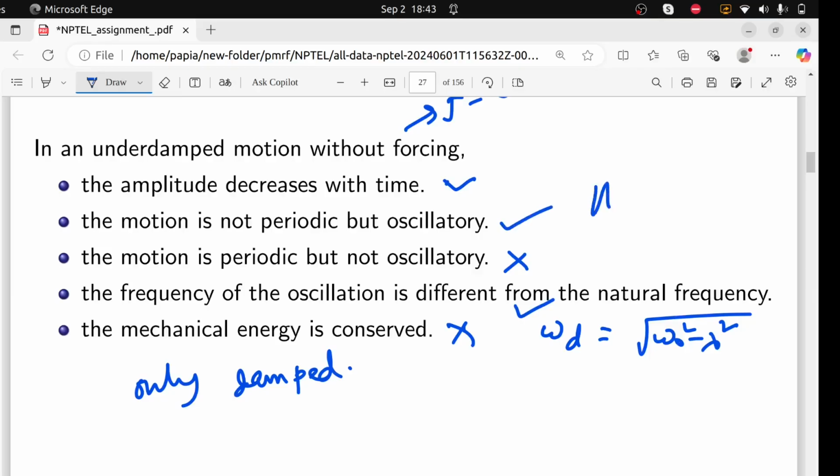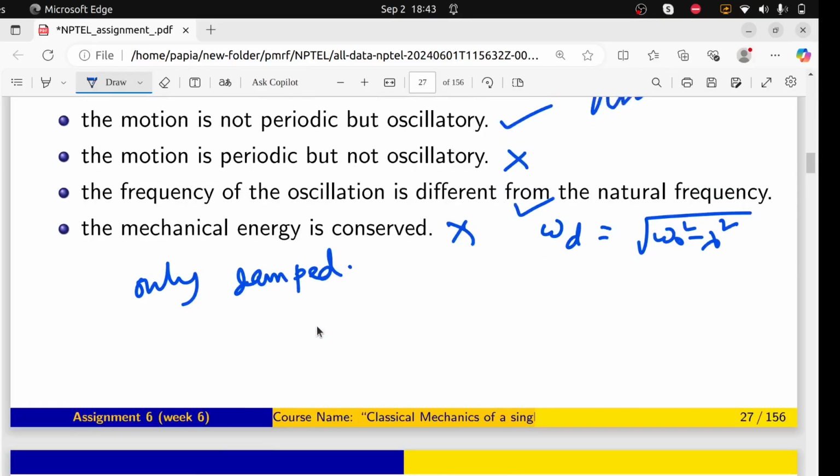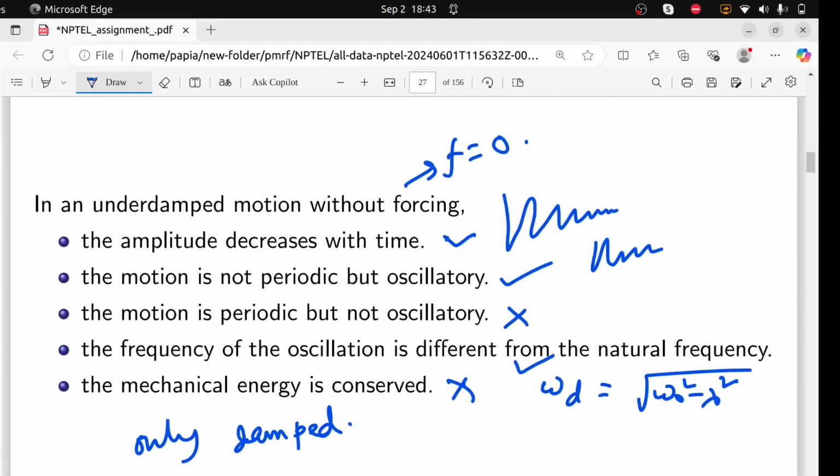And amplitude decreases with time, that is correct. The mechanical energy is conserved? No, because it is not a conserved quantity; the energy is decreasing. So for this case, these are correct.